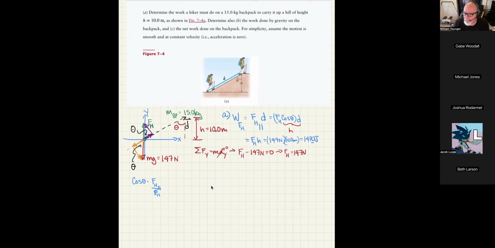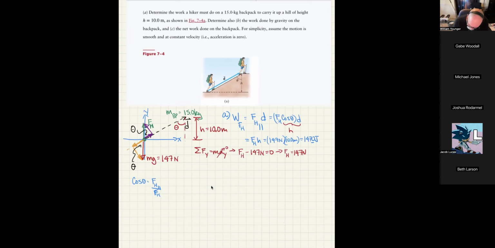Notice what we did conclude. By working out the geometry, we found that the component of F_H parallel to the displacement turned out to be F_H cosine theta. But cosine theta times D also turned out to be H, so we can just write F_H times H. So the work done by the hiker we've already solved as 1,470 joules, which we technically are supposed to write as 1.47 times 10 to the third joules.